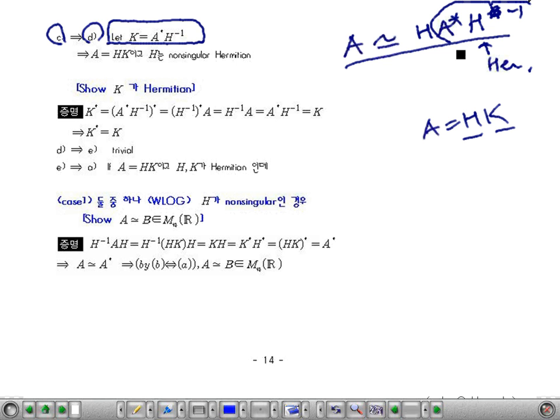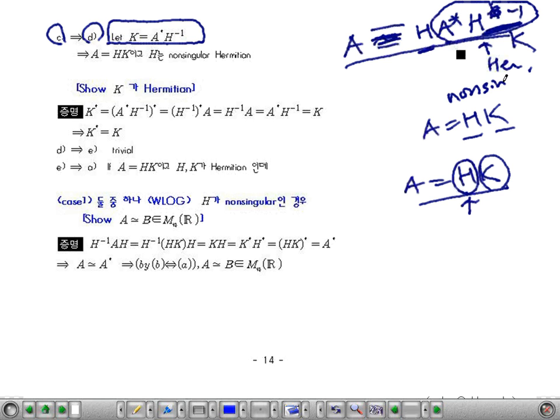Then A is the same as HK. We know H is Hermitian. All you have to show is that K is Hermitian, and that one of them is non-singular. This is non-singular because H is here, H inverse is here. This is non-singular already. So all you have to do is show K is Hermitian.